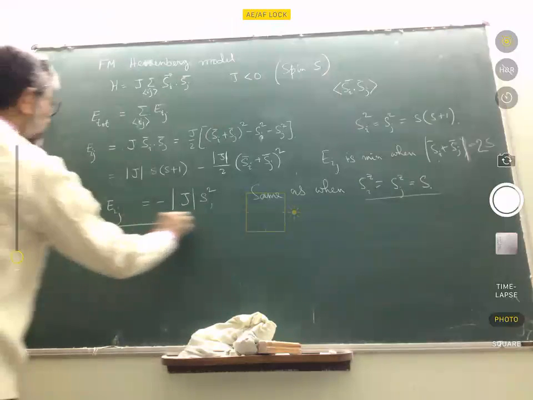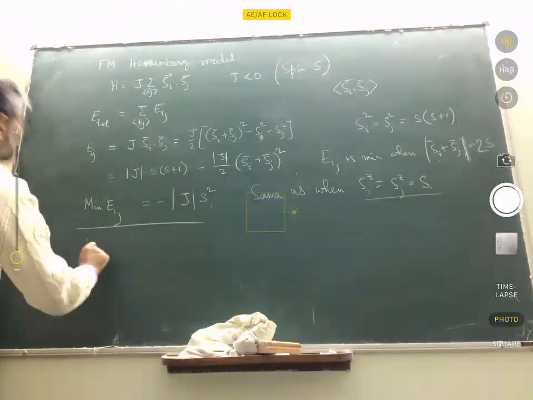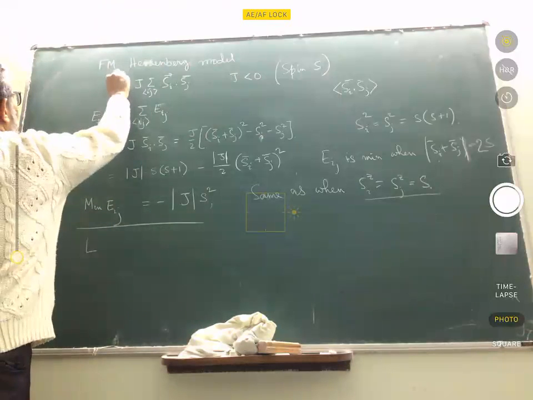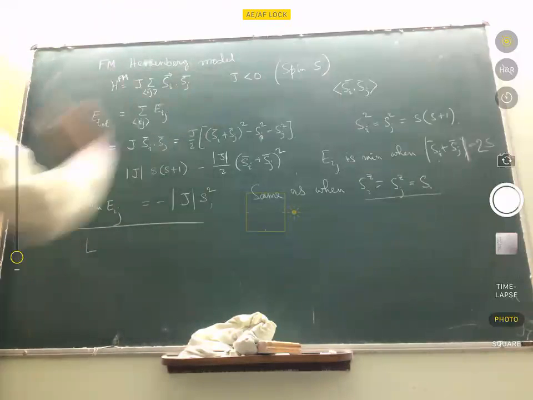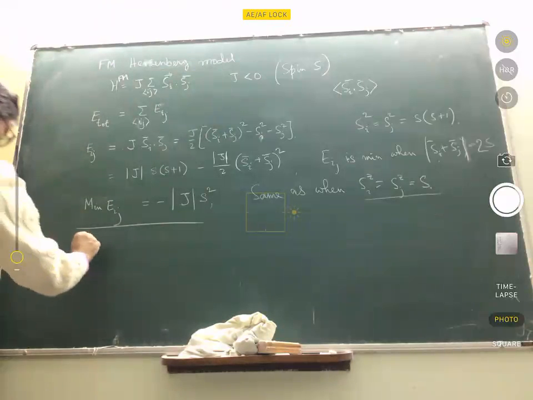Now, so what is the ground state of this sort of spin lattice then? Spins on the lattice. Let me specify this. It's a ferromagnet when J is less than 0.